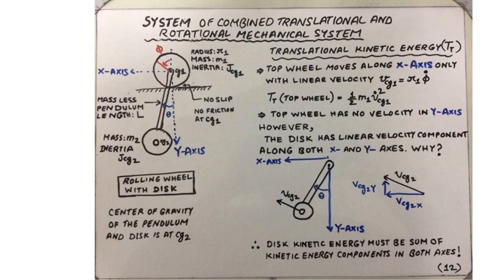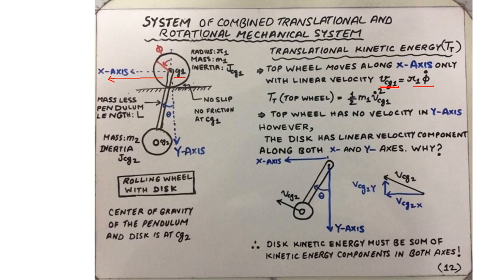I would now like to turn your attention to the translational kinetic energy of the system. First of all, note that the top wheel has translational kinetic energy, which is attributed to its center of gravity CG1 motion along the x-axis as it rolls along the x-axis. The linear velocity at its center of gravity, Vcg1, equals the radius times the angular velocity phi dot.